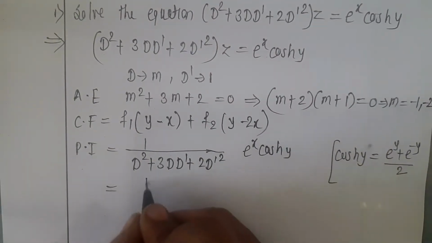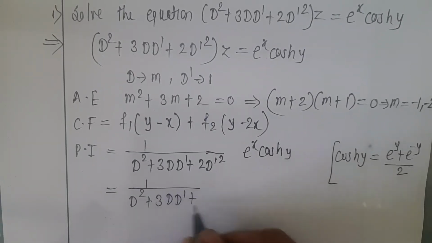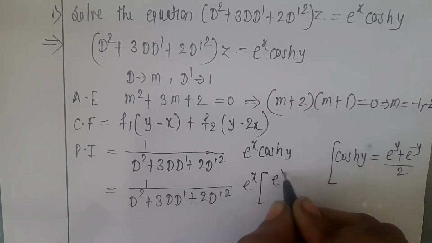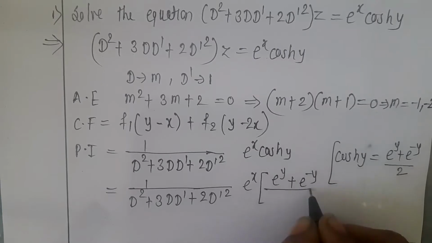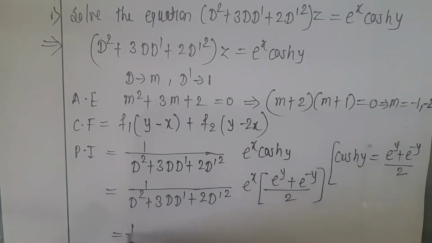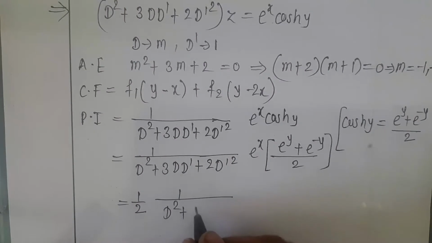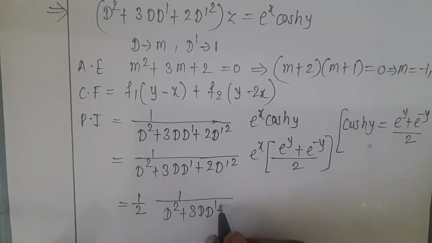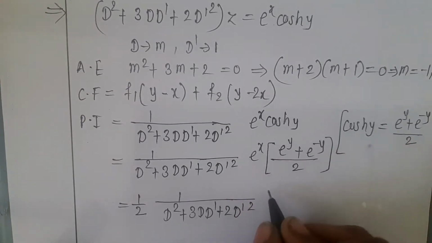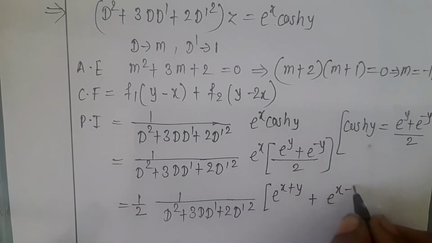It is 1 upon (D² + 3DD' + 2D'²) multiplied by e^x into (e^y + e^-y) divided by 2. So this is equal to 1 by 2, a constant term we can write outside, times 1 upon (D² + 3DD' + 2D'²) multiplied by e^x into e^y, that is, e^(x+y) plus e^(x-y).